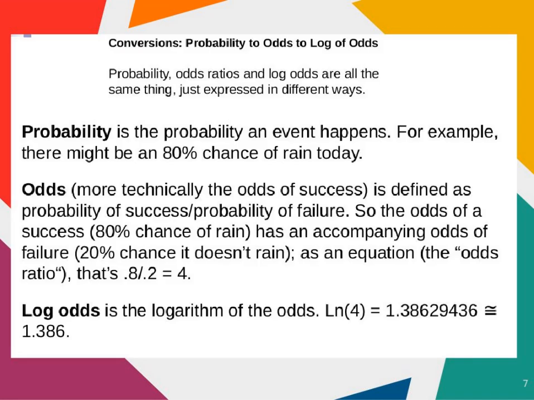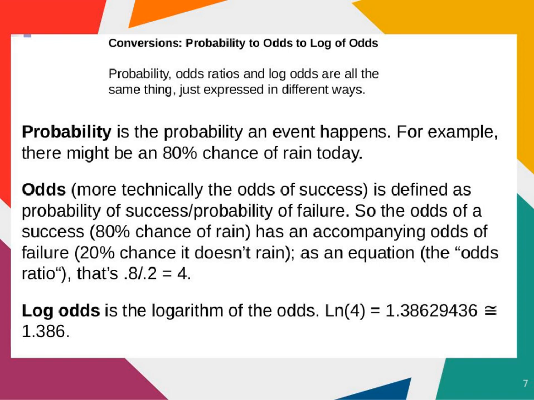In the previous slide, I mentioned the log odds values are positive and negative values. Now let us understand how these positive and negative values are obtained in log odds values for the PAM matrix. So we are going to learn the conversion of probability to odds to log of odds. Actually, probability, odds ratio, and log odds are all the same thing, just expressed in different ways.